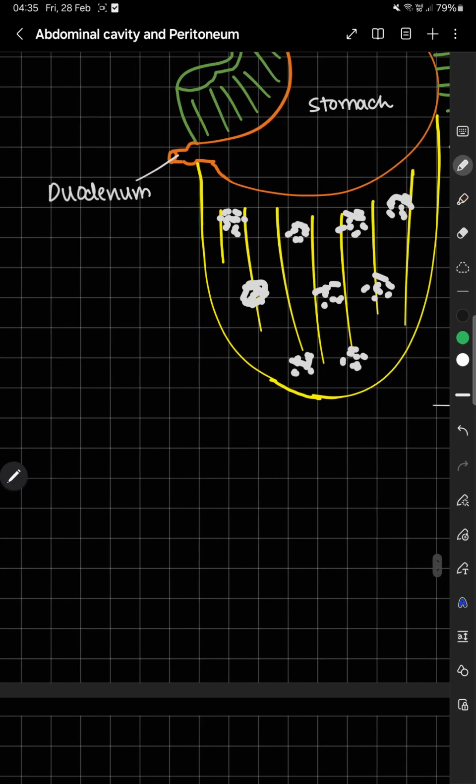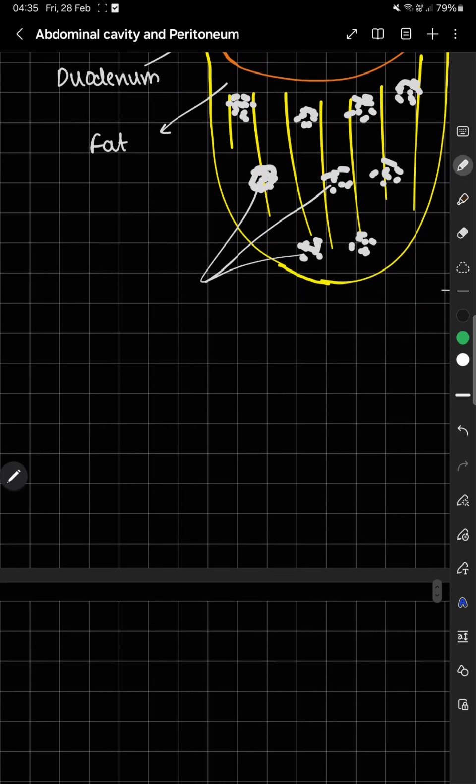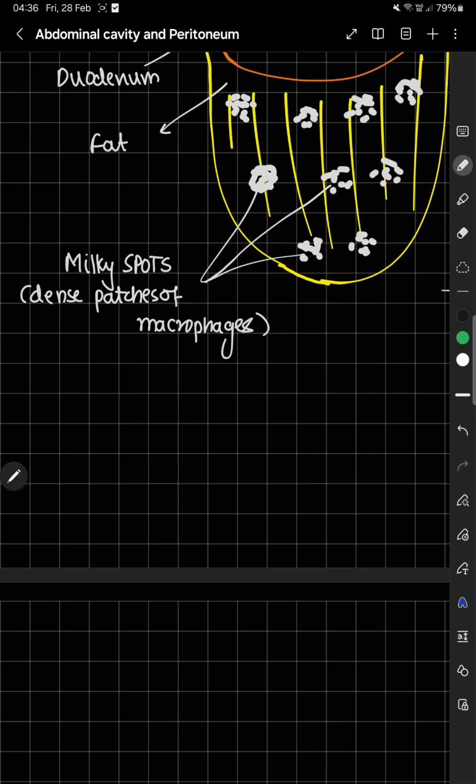The yellow thing you see over here is fat, and whatever you see over here is known as our milky spots. These are our milky spots, which are basically dense patches of macrophages. So this is the whole greater omentum.